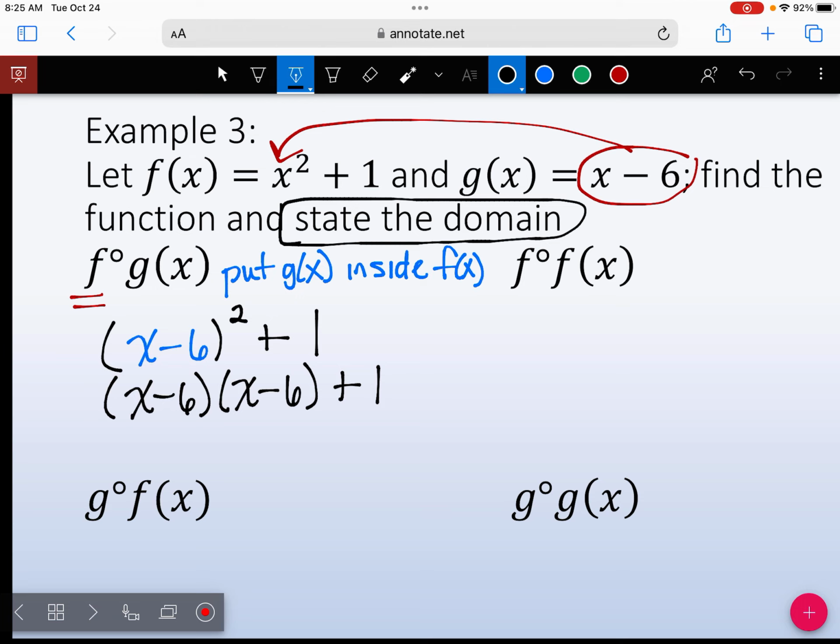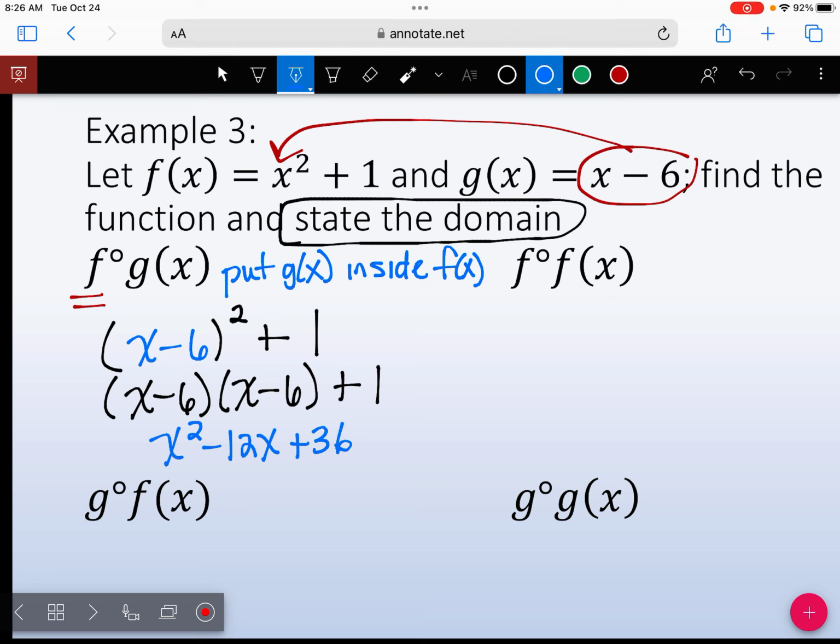Take x minus 6 times x minus 6. And you should get x squared minus 12x plus 36.